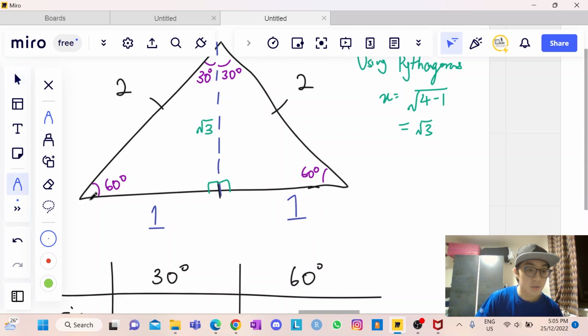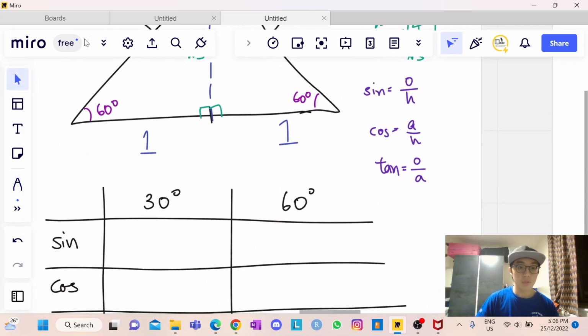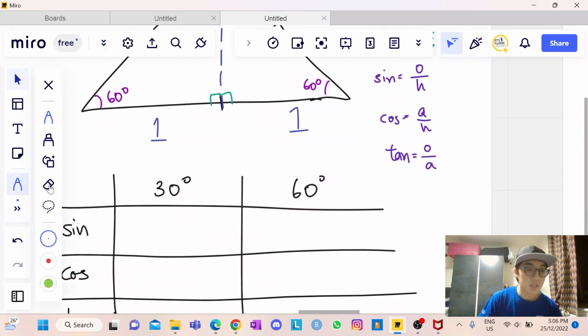By using the rule where sine is equal to opposite over hypotenuse, cos is equal to adjacent over hypotenuse, and tangent is equal to opposite over adjacent, we can know that sine 30 is equal to opposite over hypotenuse. Therefore, we know that sine 30 is 1 over 2.